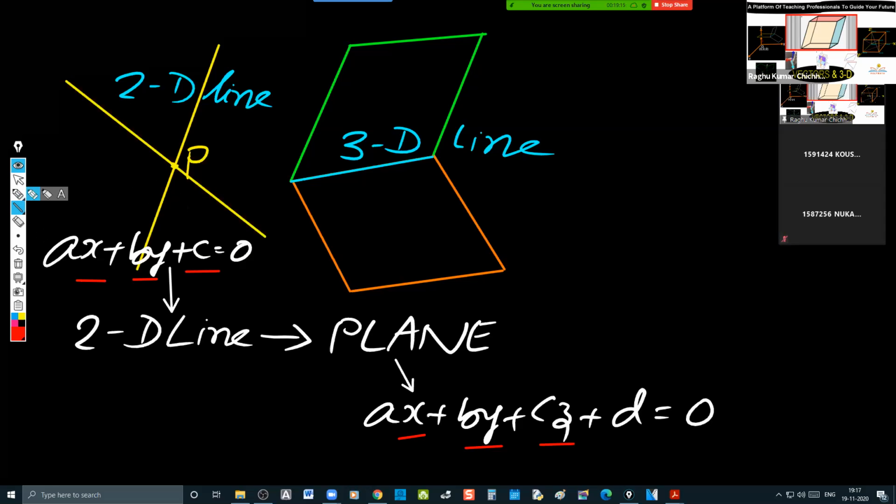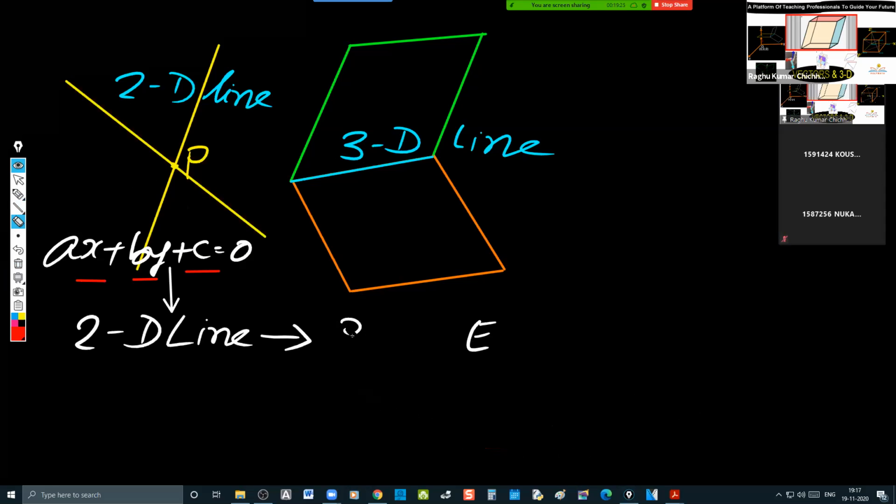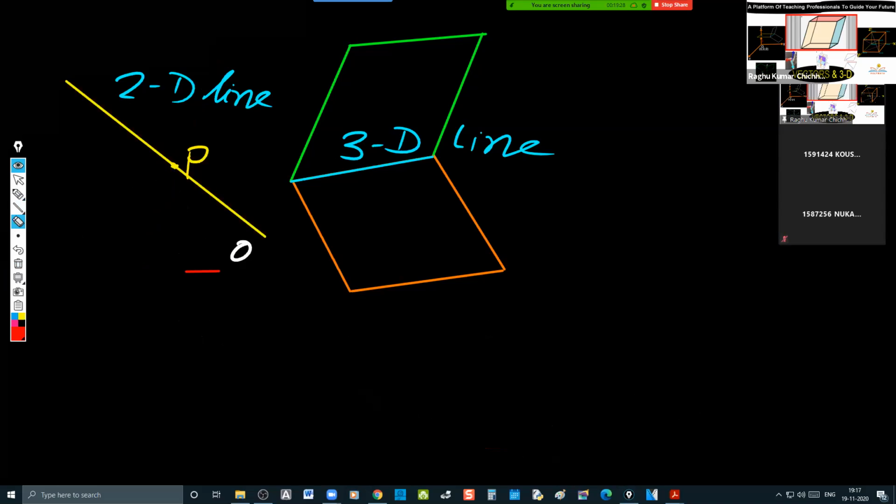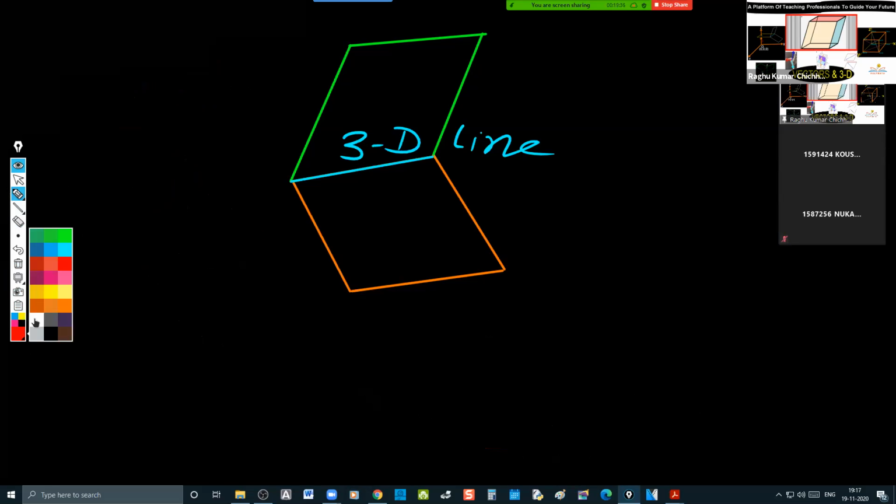See, when you want to represent a 3D line, how is a 3D line denoted? It is denoted with two plane equations. That's it. It is denoted with two planes. One is a1x plus b1y plus c1z plus d1 is equal to 0. The other one is a2x plus b2y plus c2z plus d2.